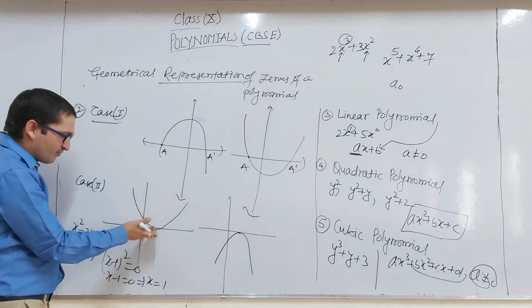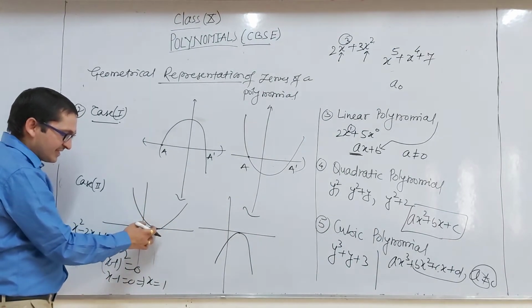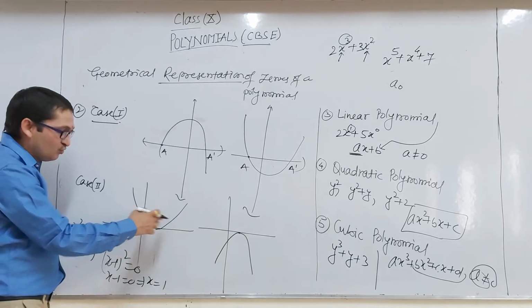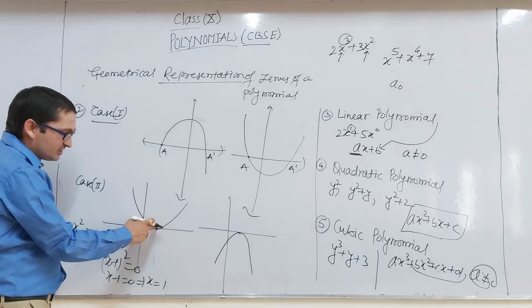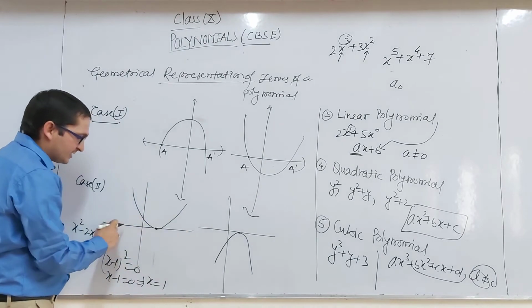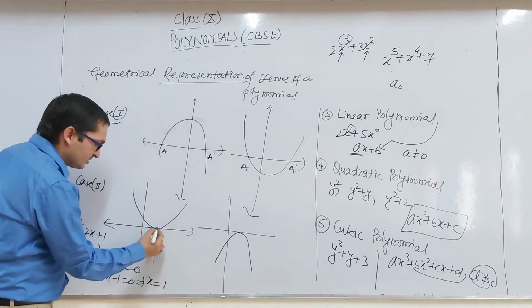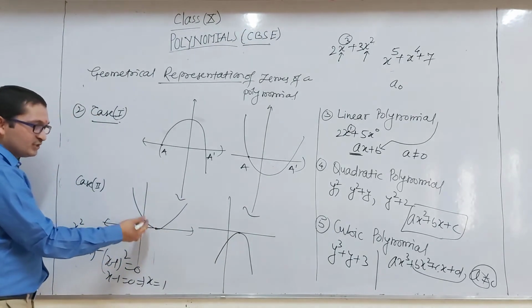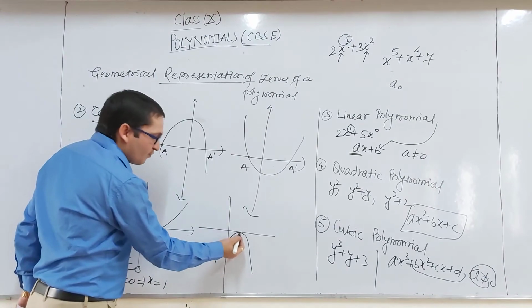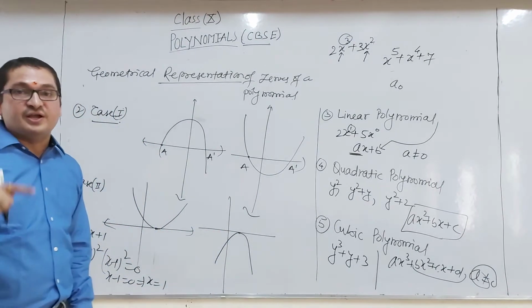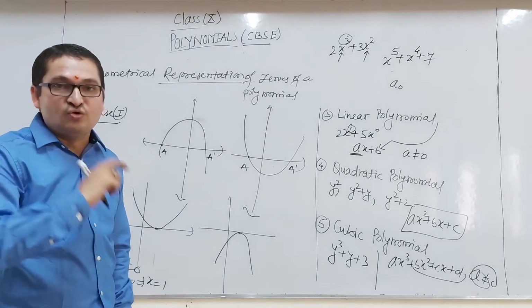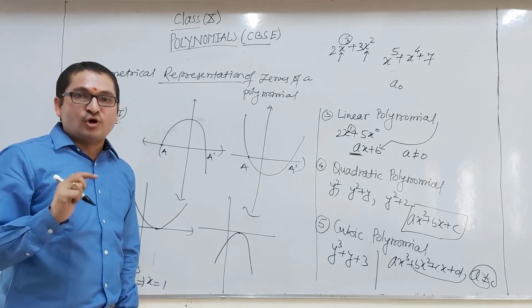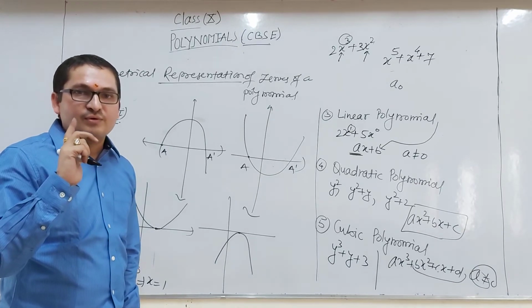This graph will meet the x-axis at a point. It will not intersect at 2 points. It will touch at a point. This graph will touch the x-axis at a point, so there is only 1 zero. It means if the graph intersects the x-axis at 2 points, the polynomial will contain 2 zeros.